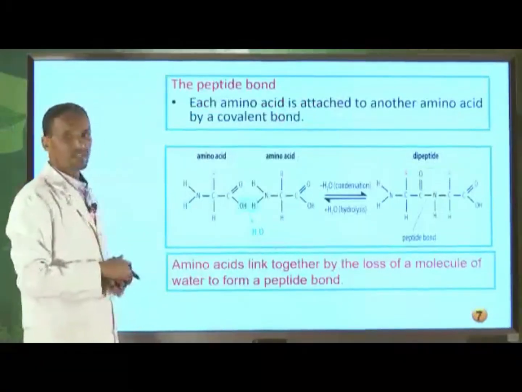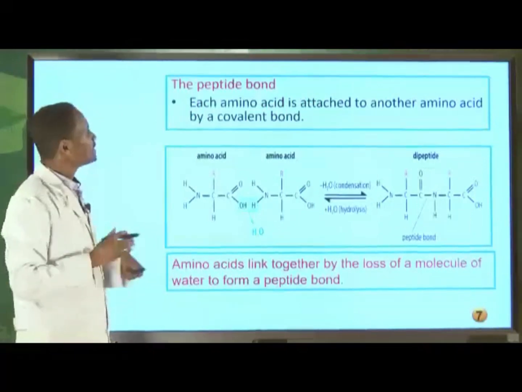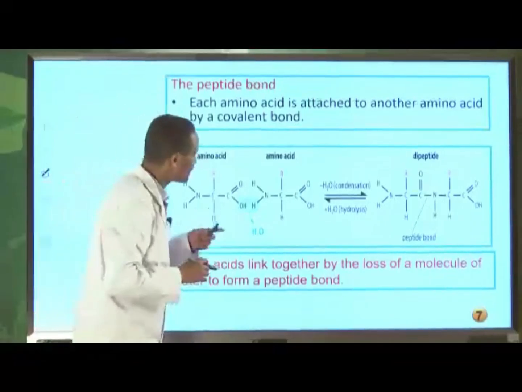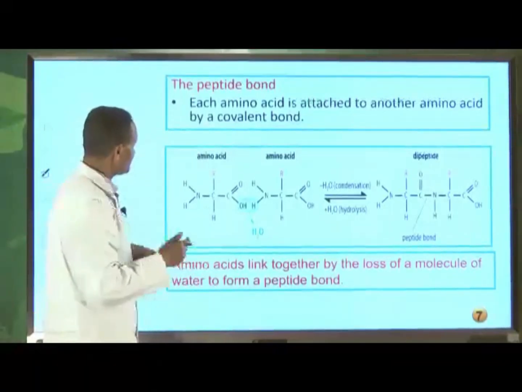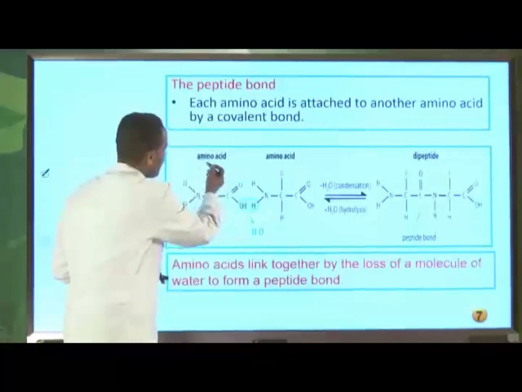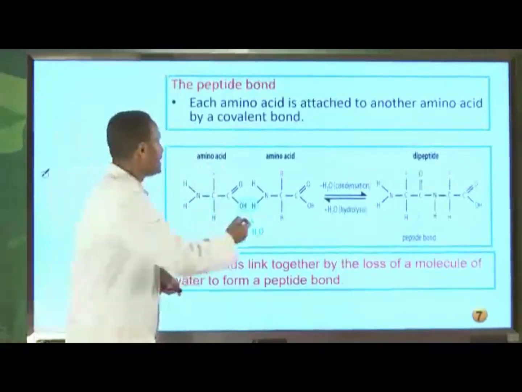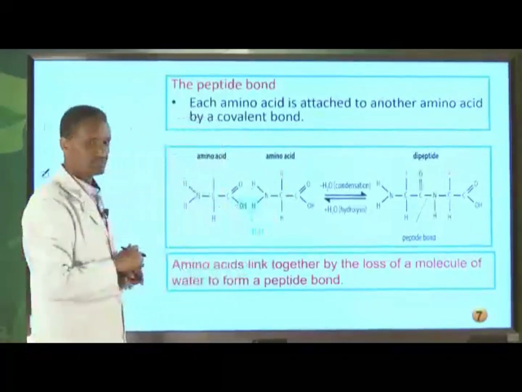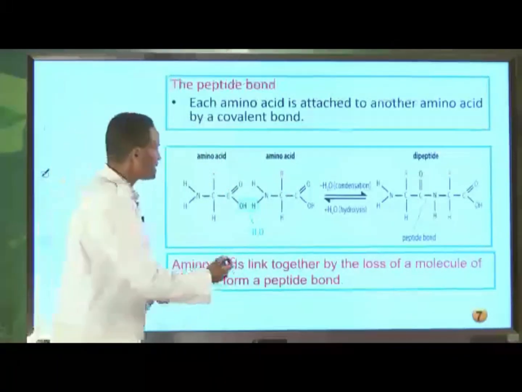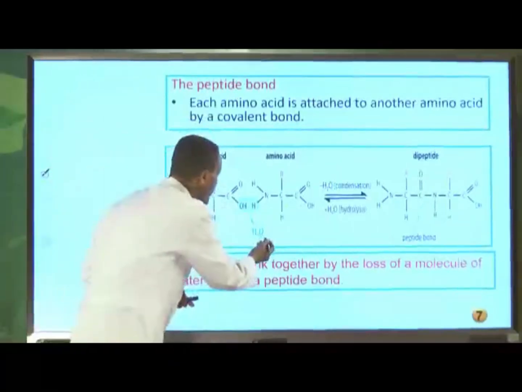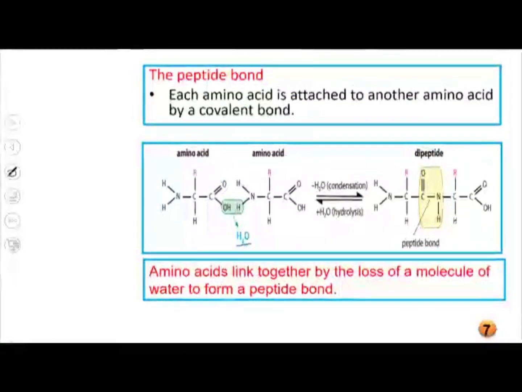Here, the peptide bond. Each amino acid is attached together by a covalent bond, the so-called peptide bond. If you take this as one amino acid, which has this R group, and this one is another amino acid, when they come together by the process of condensation, that means by removing one molecule of water, they can form a bond, the so-called peptide bond.